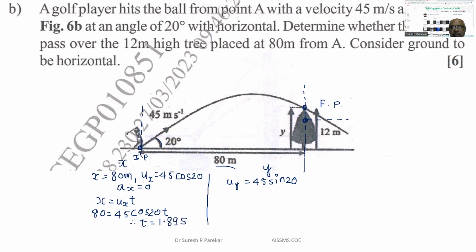Now we have to see what the value of y will be at t equal to 1.89 seconds. This is the horizontal line from the initial position, this is the horizontal line from the final position, so this will be y.